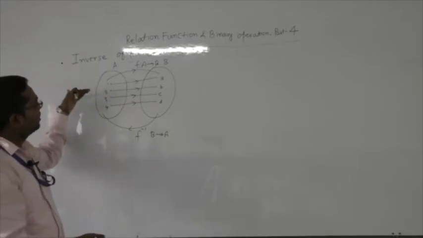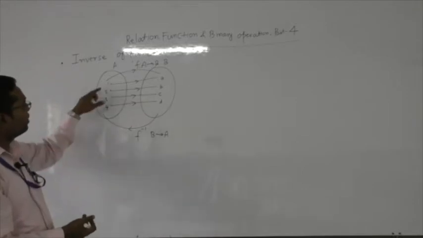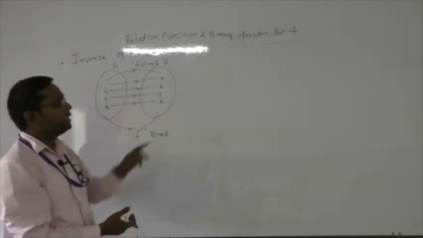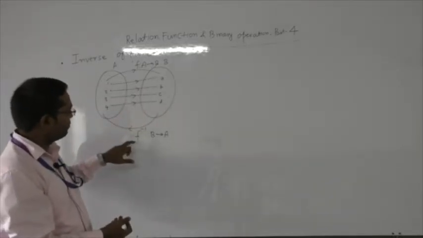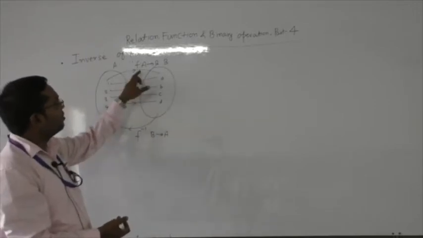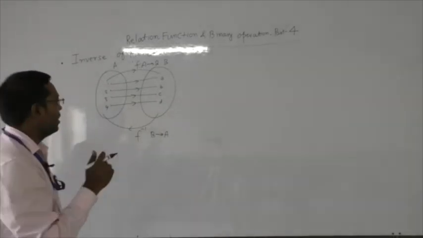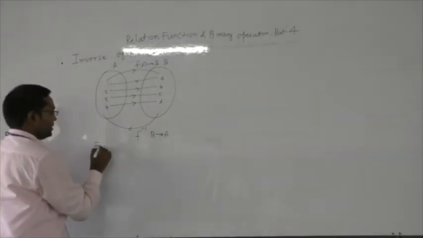Now, suppose this is the function f from A to B. The domain is 1, 2, 3, 4, range is a, b, c, d. So for f inverse, the domain of f becomes range of f inverse, range of f becomes domain of f inverse.